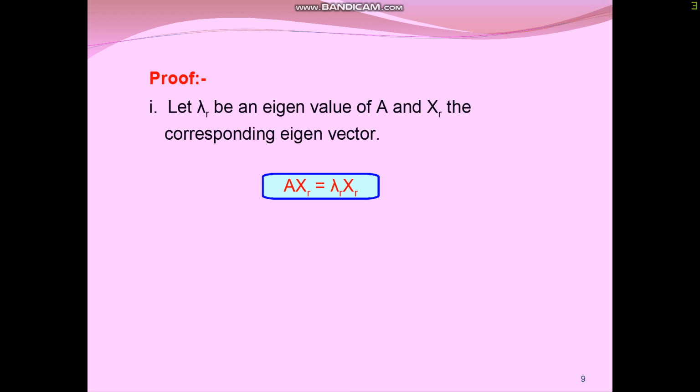Proof. Let lambda be an eigenvalue of A and x a corresponding eigenvector, so Ax equal to lambda x. Then multiplying both sides by k, we get kAx equal to k lambda x.